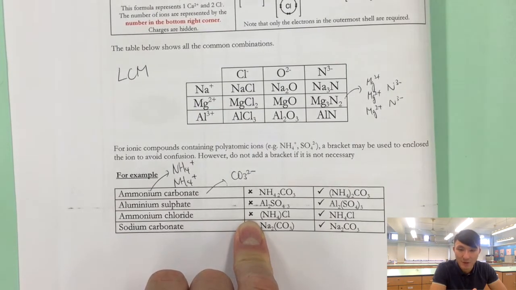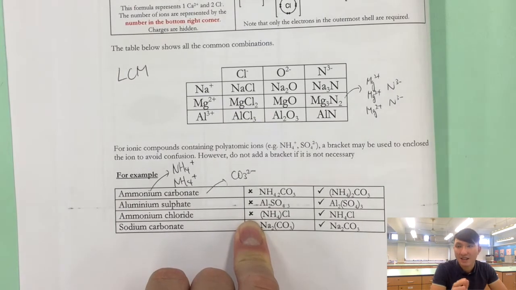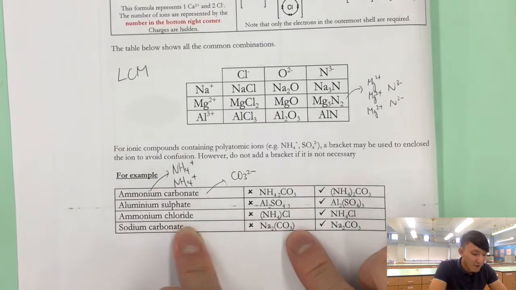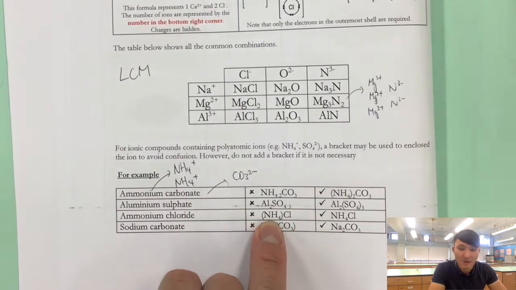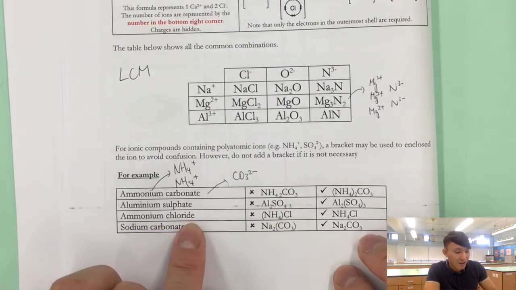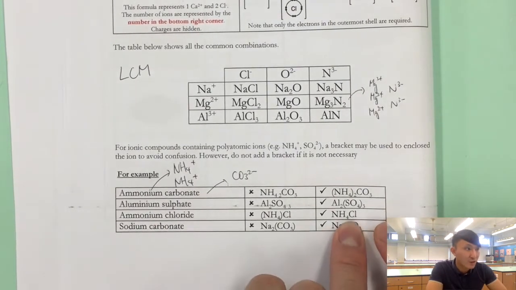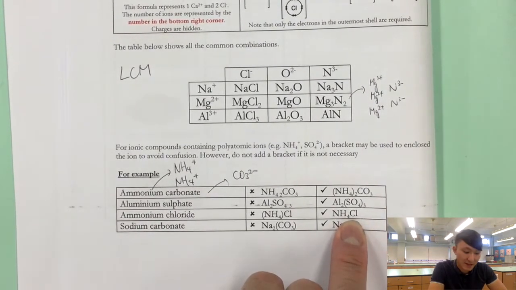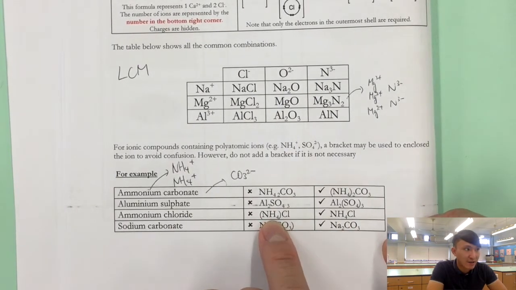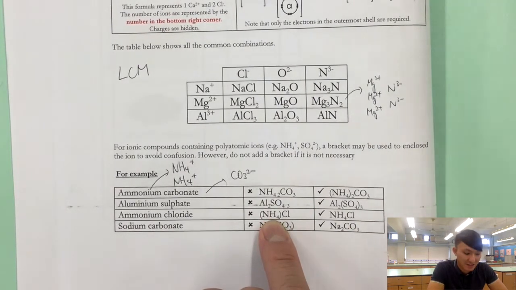In chemistry, we want to make things as simple as possible. We don't want any redundant things. So here, ammonium chloride, even though ammonium ion is a polyatomic ion, since the ammonium ion and chloride ion have the same magnitude of charges, NH4Cl would be enough. If you put the bracket here, then it will be wrong because this is not necessary.